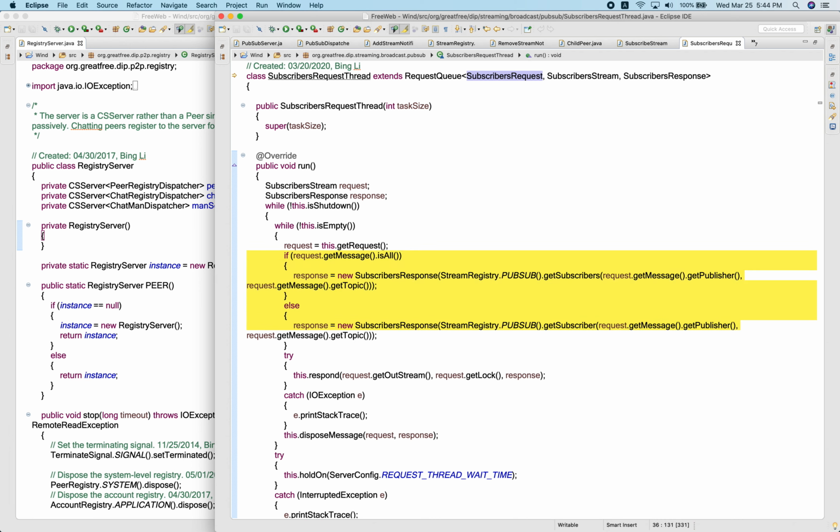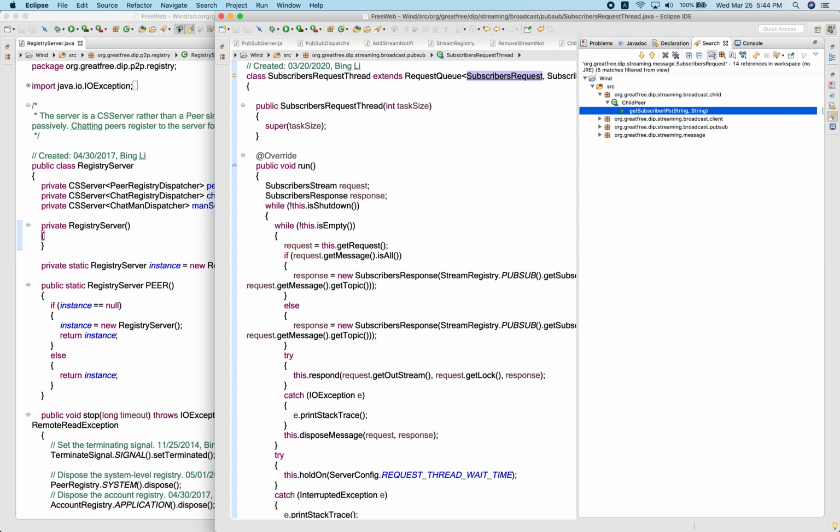Okay, you can see here this message, we need to detect whether this message is all. What does that mean? That means, you can see here, not only the child needs to access the pub sub server, the clan.